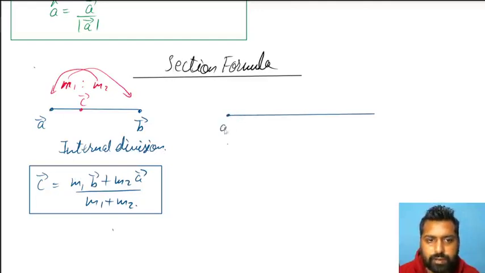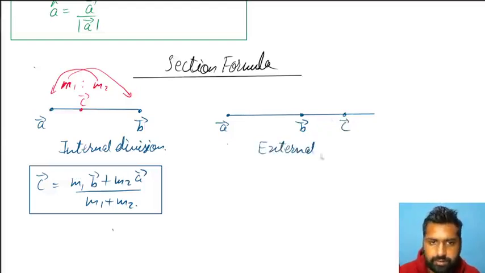Let's say you have another point, again A vector is the position. Let's say you have B vector here, and let's say you have a C vector here. And it is dividing externally. So this is the case of external division. Internal division, the point lies inside the line segment. External division is the point lies outside.